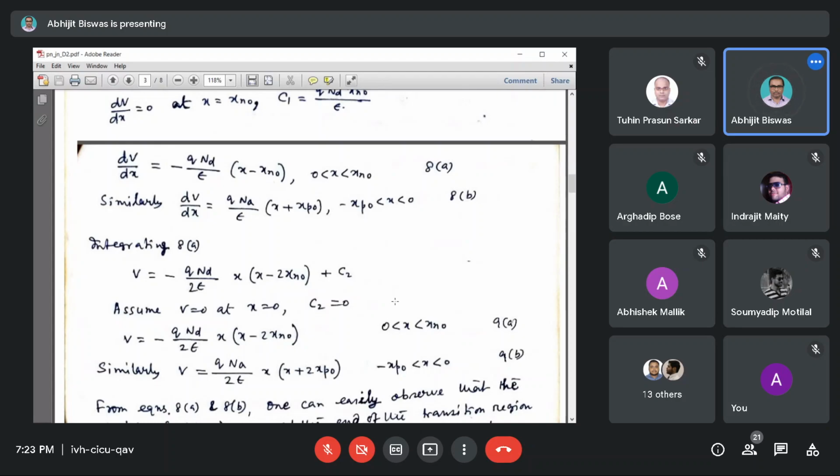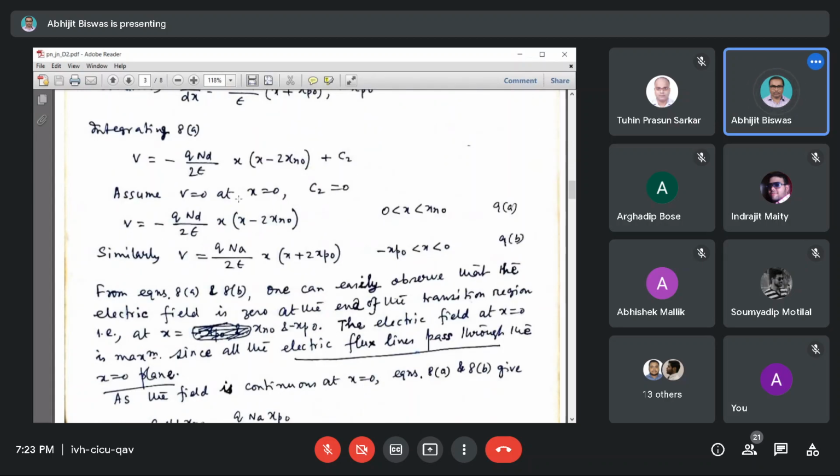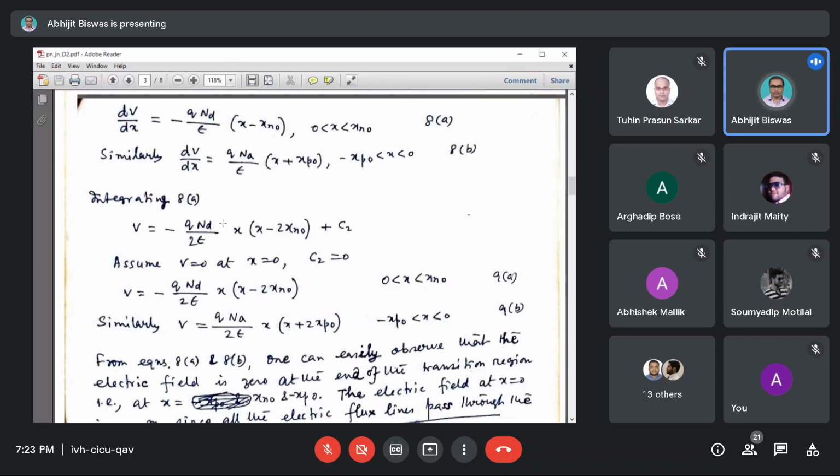If you further integrate with reference to x again, you will find the potential function. The above equations, 8a and 8b, both actually represent the electric field.